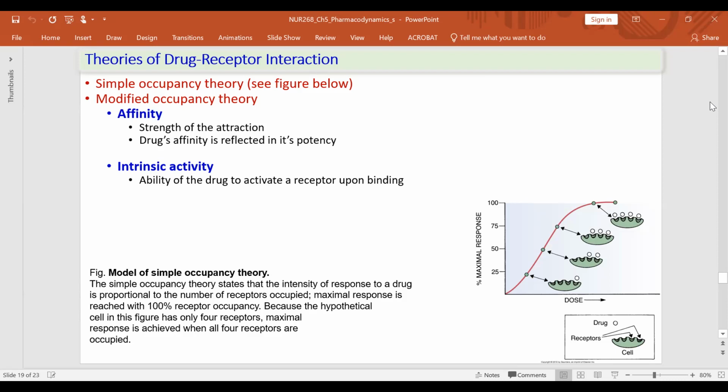Drugs that cause intense receptor activation result in intense responses. So intense activation will result in intense responses. So the drug's intrinsic activity is reflected in its maximal efficacy.